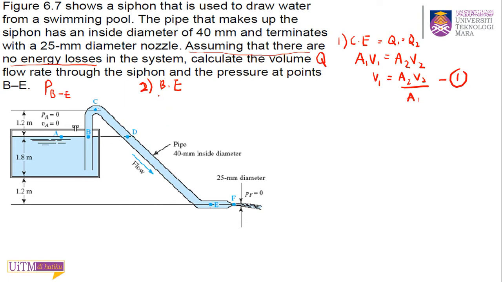So you have P1 over rho g plus Z1 plus V1 squared over 2g equals P2 over rho g plus Z2 plus V2 squared over 2g. So this is your Bernoulli equation, and in this question you need to know all of the fixed information that you have here.